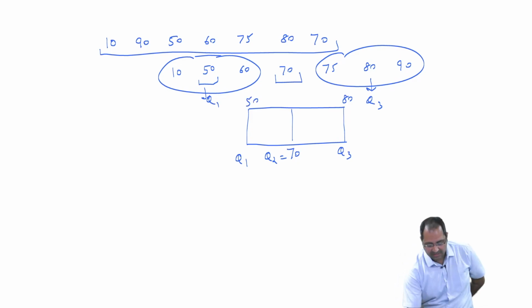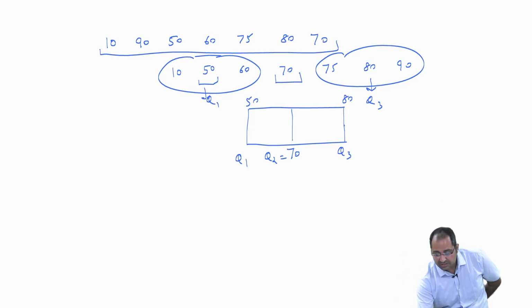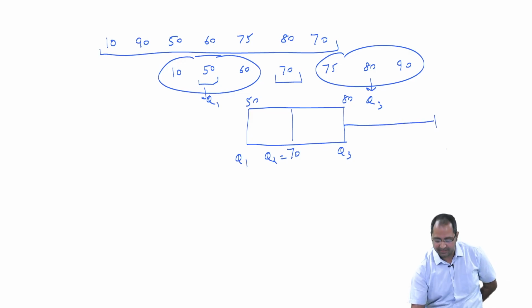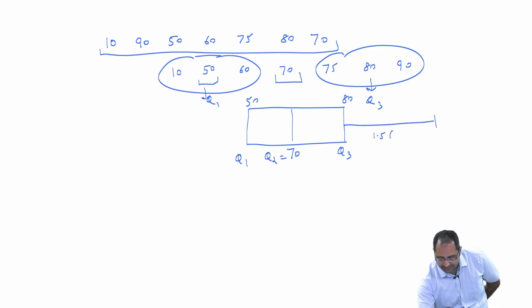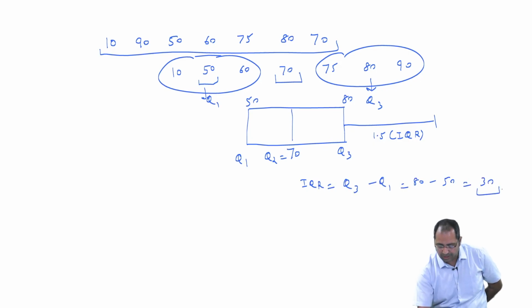Now whiskers start from here and go till what point? 1.5 times the interquartile range. What is the interquartile range? Interquartile range is quartile 3 minus quartile 1, which is 80 minus 50, equal to 30. So 1.5 times 30 is 45.